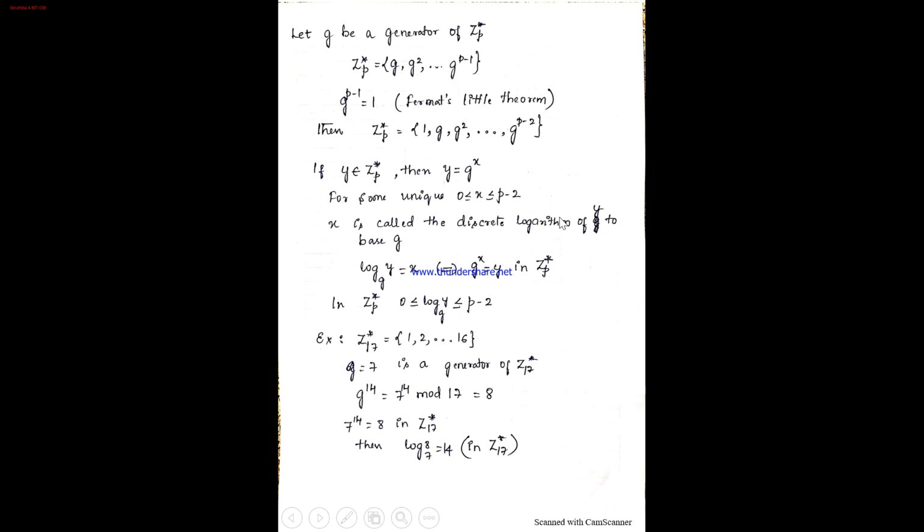This is the discrete logarithm. 7 to the power of 14 mod 17 is equal to 8, so you have to compute it iteratively. It can also be computed in another way, which I'll teach you in the next video, but for now just remember 7 to the power of 14 mod 17 is equal to 8. We can interpret this as: the base is 7, and raising the exponent, the discrete logarithmic value is 14 here.